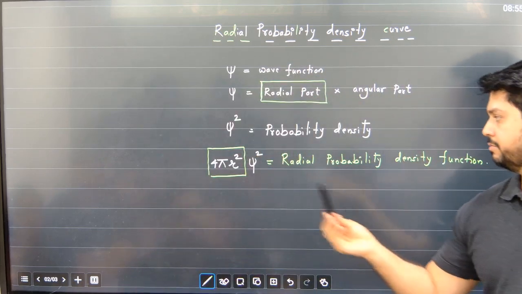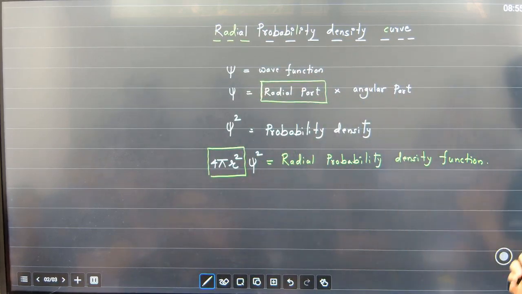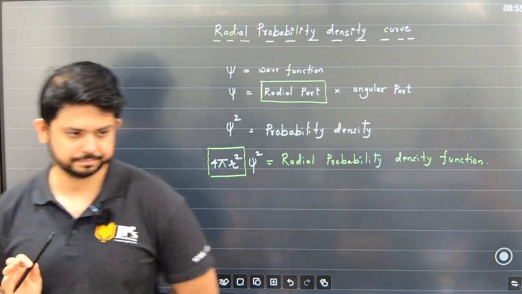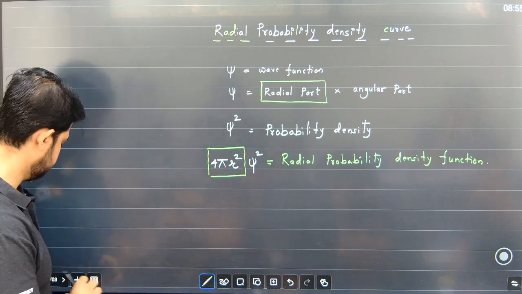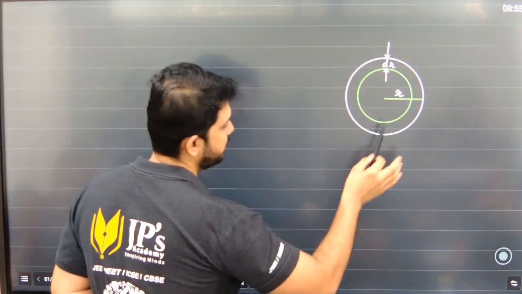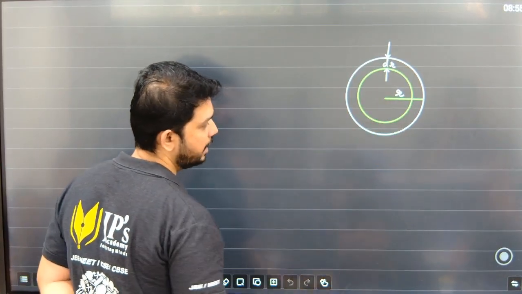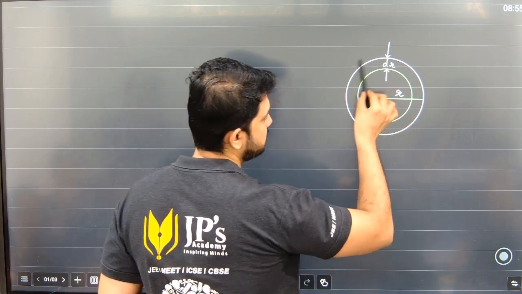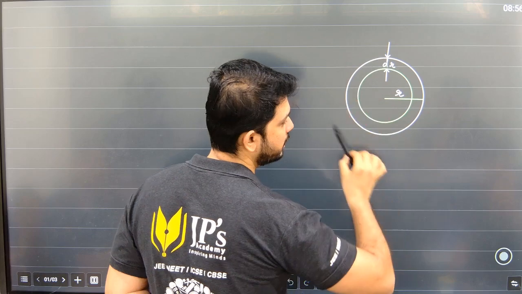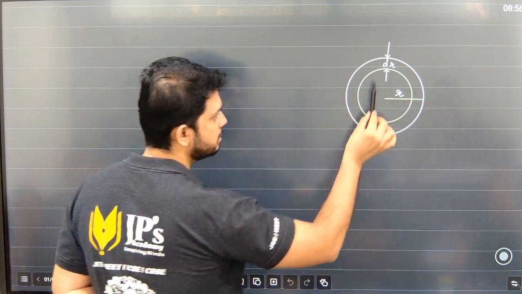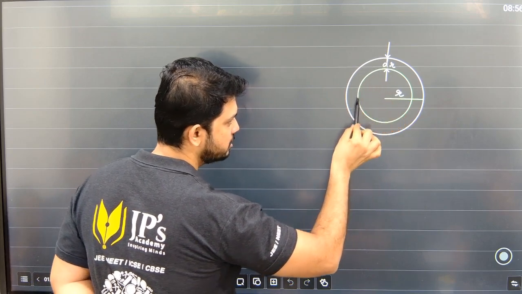Okay. Where did this 4 pi r square come from? Just give me 5 minutes. That's the next part we are going to do. So, let's say, people, I have a nucleus at the center here. This white border is some shell. What we have done is we have made a small inner shell.